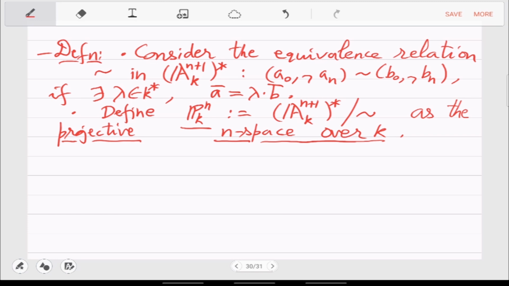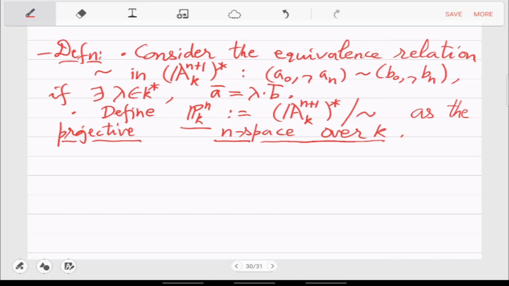Mod equivalence relation simply means that many points may have the same representation, or the same point may be representing many points, the other points being lambda times B bar. So B bar represents everything that is like lambda times B bar. So these things form an equivalence class. They are in the same equivalence class. Okay.